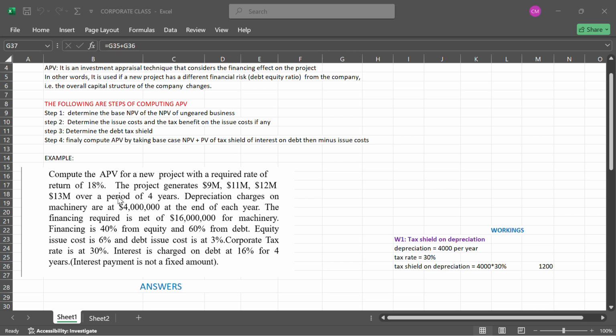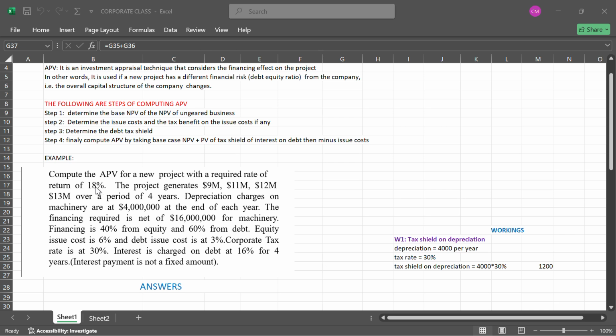I will try to go step by step so that you can understand how it works, how you can compute it, and the reason why you use this to appraise your projects, whether they are viable or not. It can help you to make an informed decision so that your project can be profitable in the future.